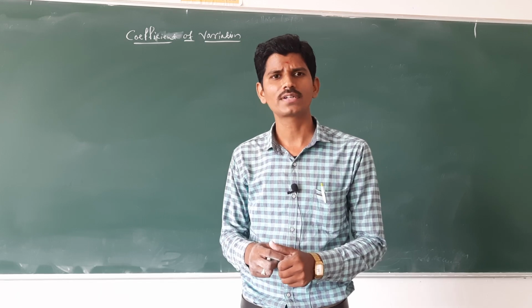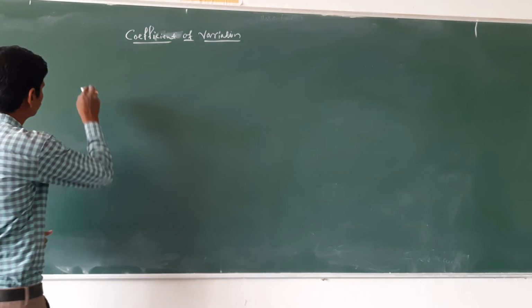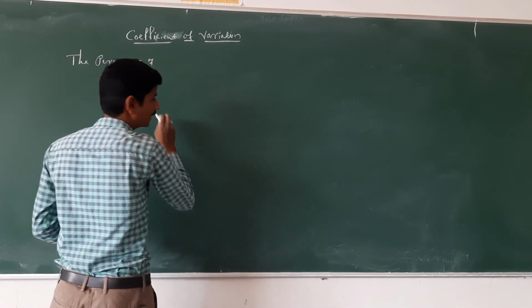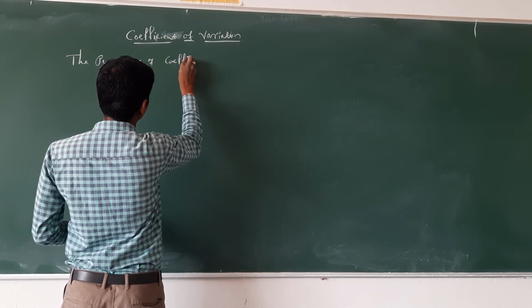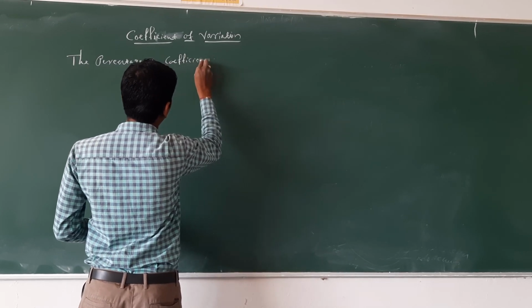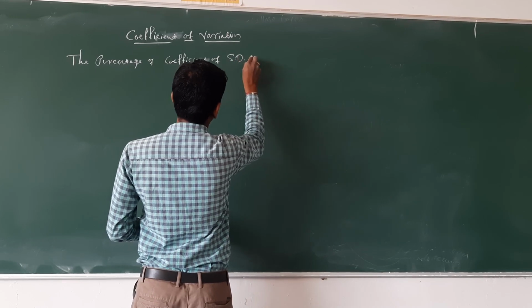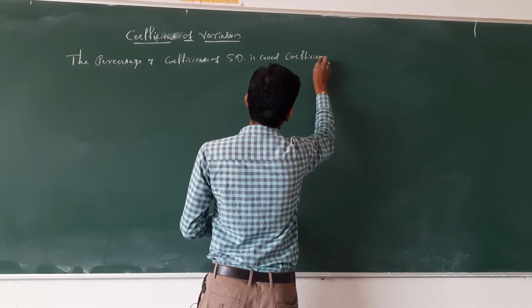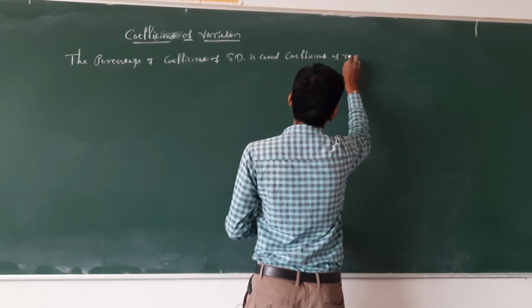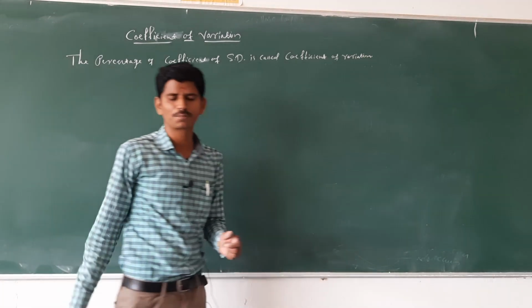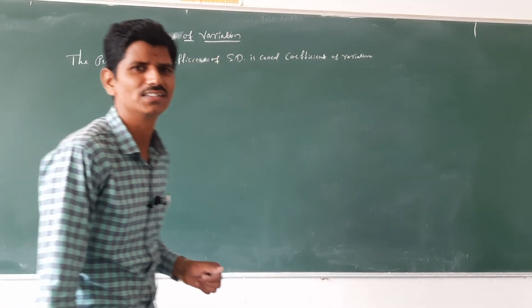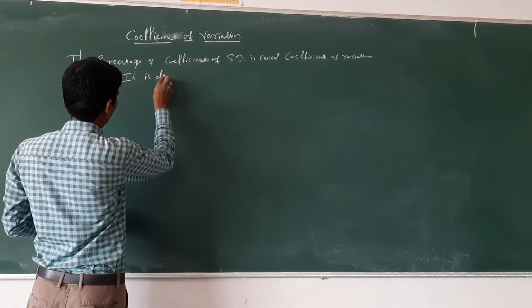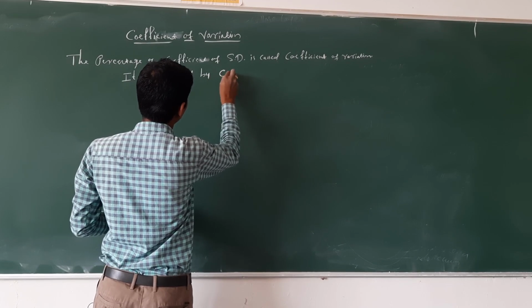The percentage of the coefficient of standard deviation is called coefficient of variation. It is denoted by CV.